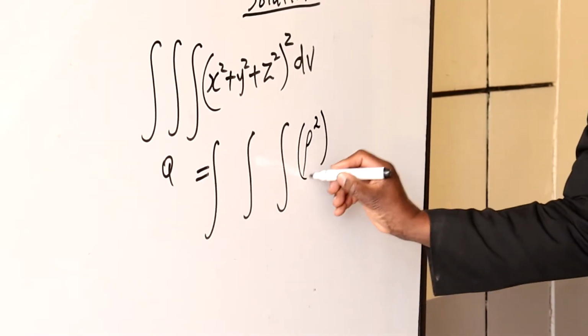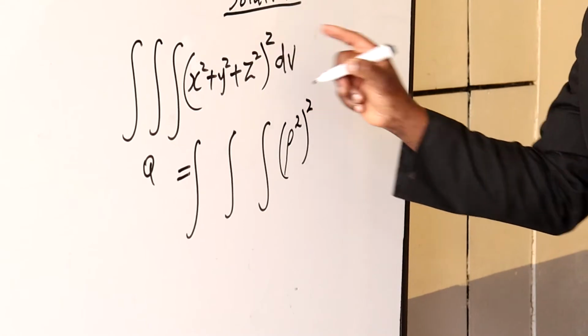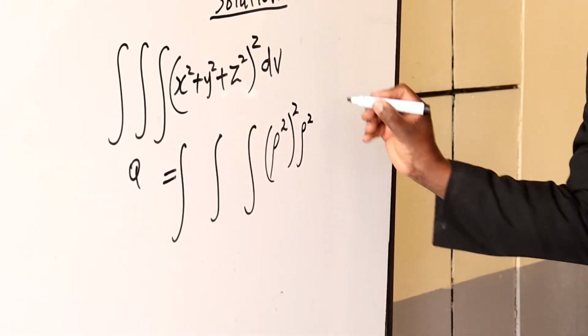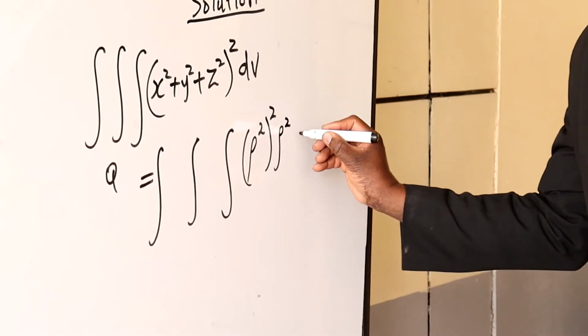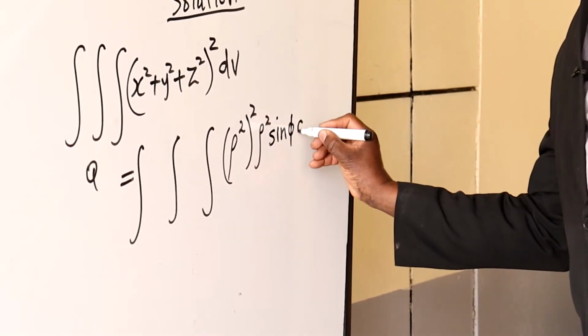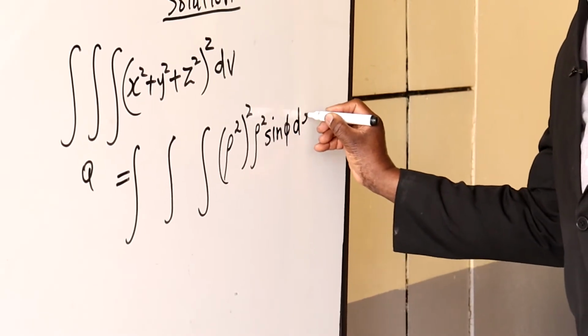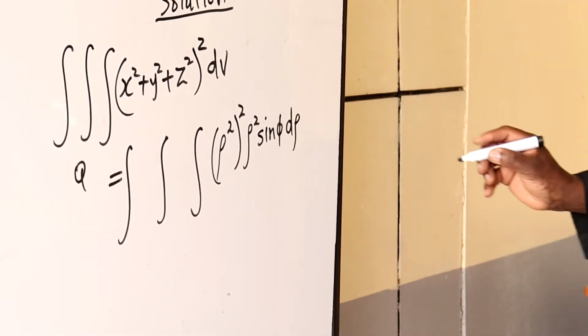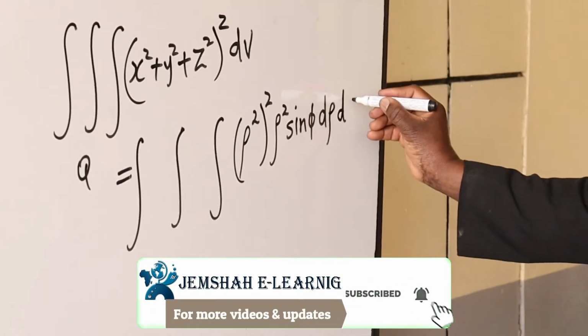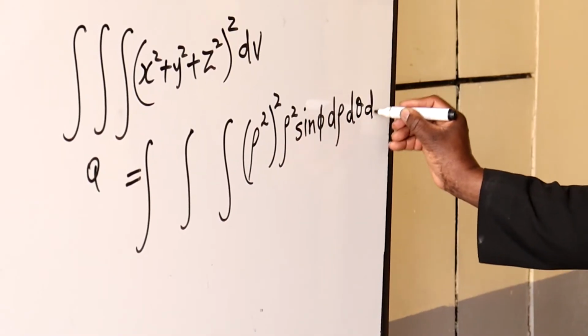Then we square it. The way it is put here, dv is rho squared sine phi, then we go for d rho d theta d phi.